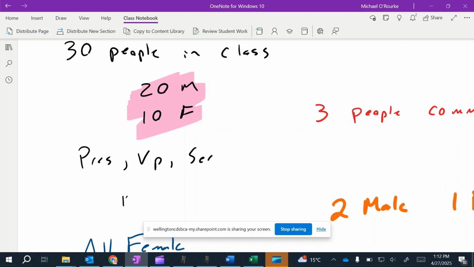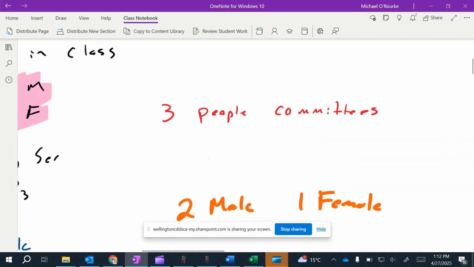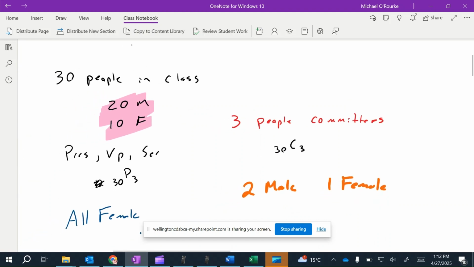So for this one, it's going to be 30P3. Now, if I was looking for a three-person committee, the committee has no roles, so it's just going to be all together. So that's going to be 30C3. Okay? So there's a difference between having roles and not having roles.